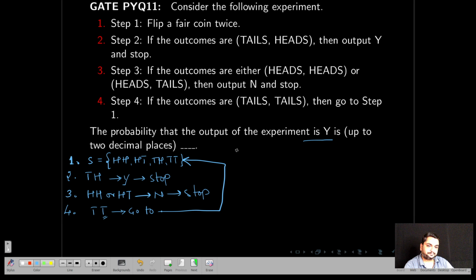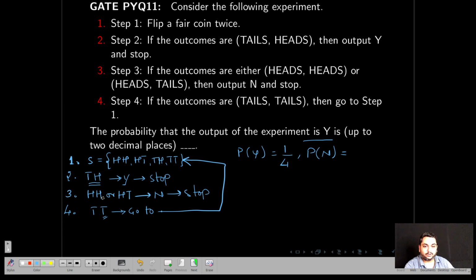Okay, the first step is, what is the probability of Y? Probability of Y is TH. So TH out of 4 outcomes. So probability of getting Y is 1 by 4, right? Then probability of, say, N, the third step.